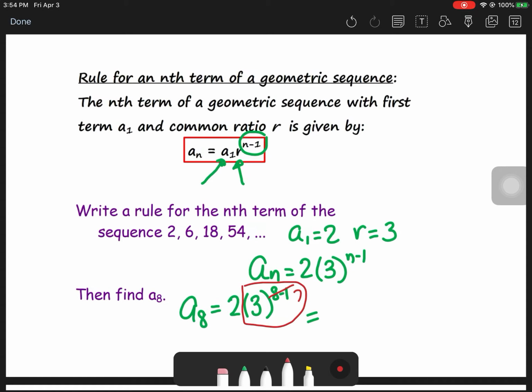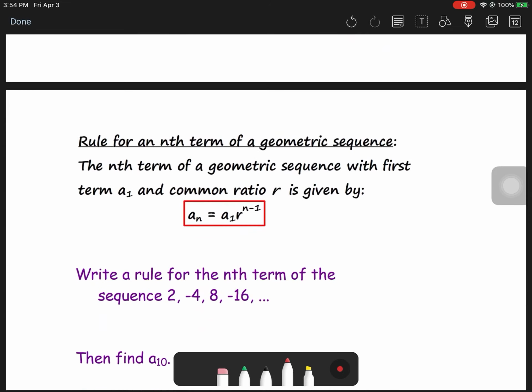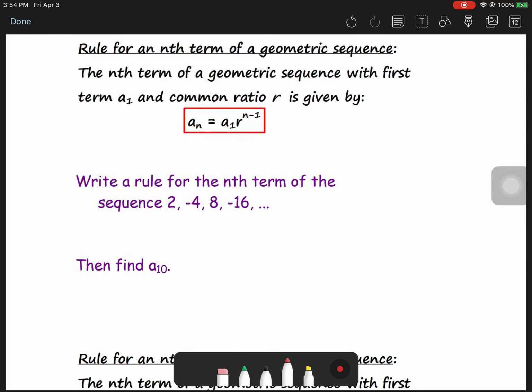You just have to put 2 times 3 to the 7th power, because we want to make sure the 3 is only going to the power. And that will be 4,374. If you're using your phone as a calculator, you're going to need to turn it sideways to use the scientific calculator.